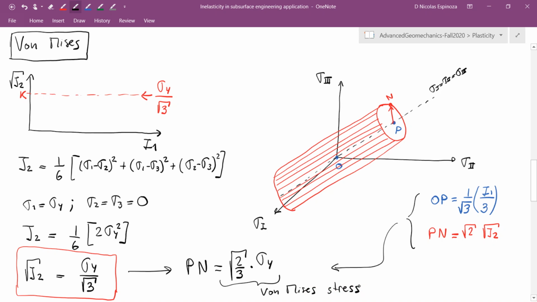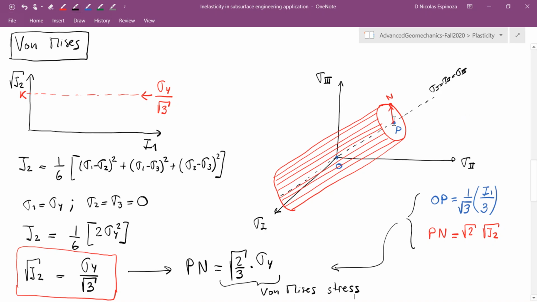So if anywhere on this circle you reach that value, then that means that you are at yield. All right, let me tell you 2 more things.